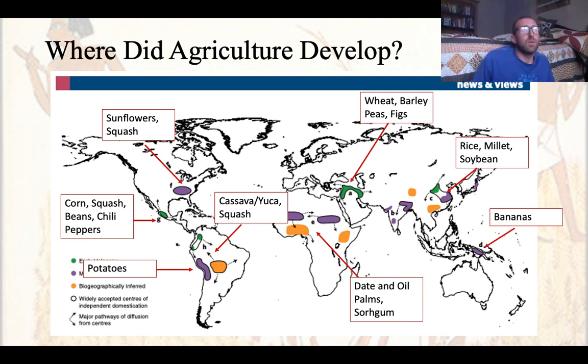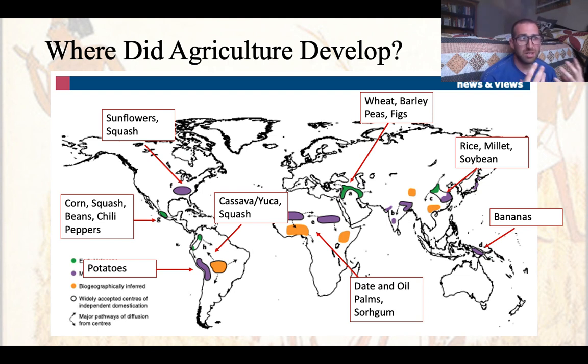So what this suggests is that if agriculture is developing worldwide right around this time, there may be some global factors that are essentially priming the world, or priming humans, to start developing agriculture, right? Because it's not occurring in just one area, it's occurring globally all around the same time.